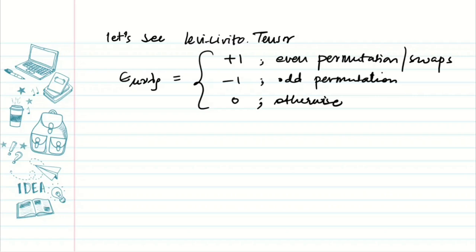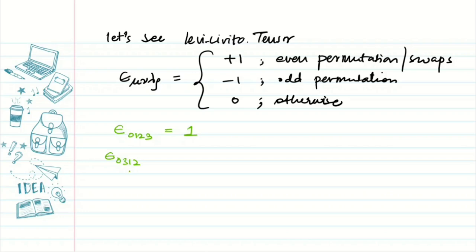So let's understand what even permutation and odd permutation mean. We know that for the ordered indices the epsilon value is 1. If we want to find the value for 0, 3, 1, 2, we have to make some swaps to get the indices in order.